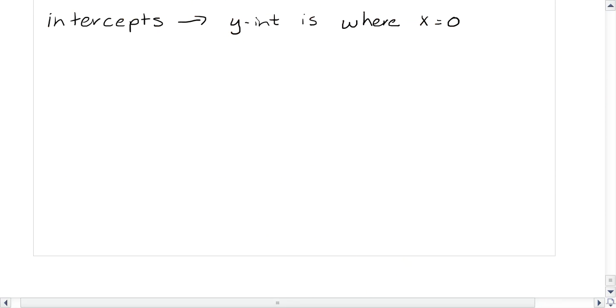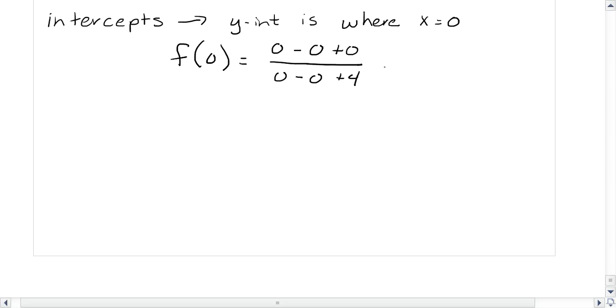All right, next, just a quick review of finding the intercepts, or where it crosses the axes. The y-intercept is where x equals 0. So putting a 0 into the original there, I would get 0. So I'm finding f of 0. 0 cubed is 0, minus 5 times 0 is 0, plus 4 times 0 is 0, all over 2 times 0 is 0, minus 6 times 0 is 0, and then plus 4.